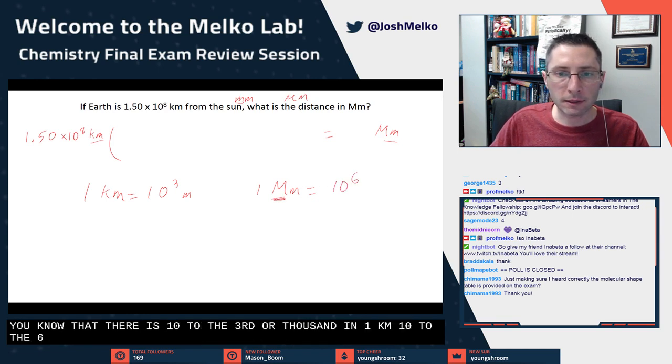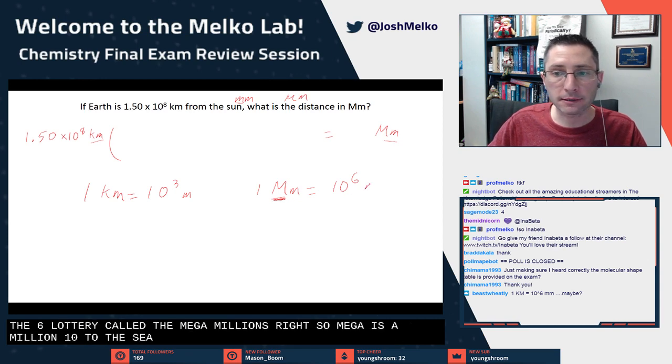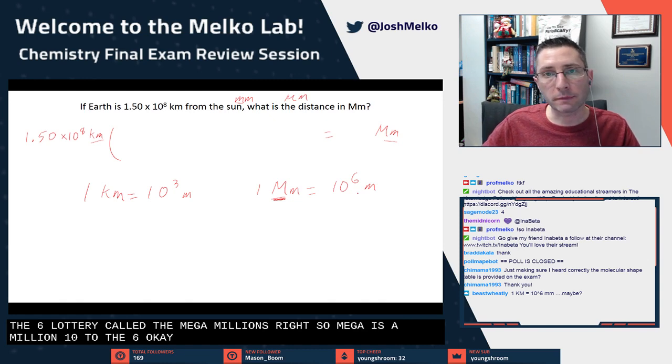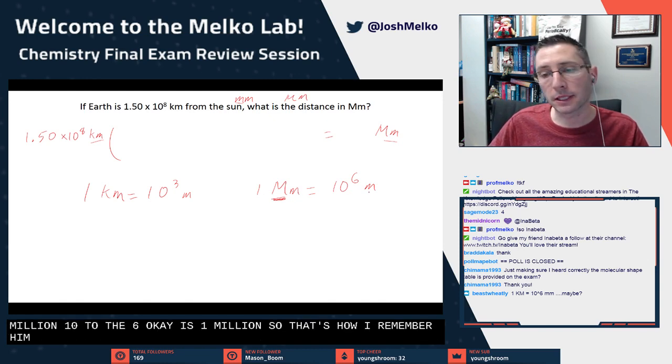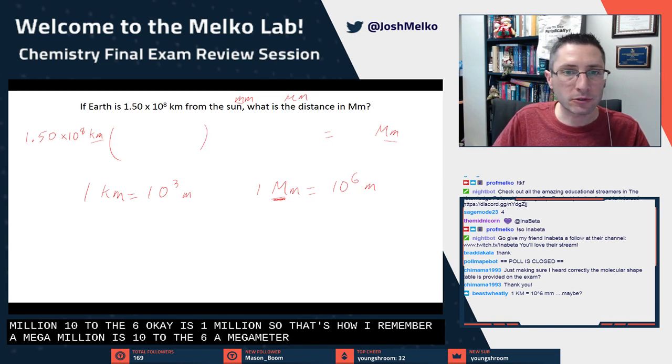Mega, we have a lottery called the Mega Millions, right? So mega is a million, 10 to the 6. That's how I remember a megameter is 10 to the 6 meters. All right, so those are my 2 unit conversions.